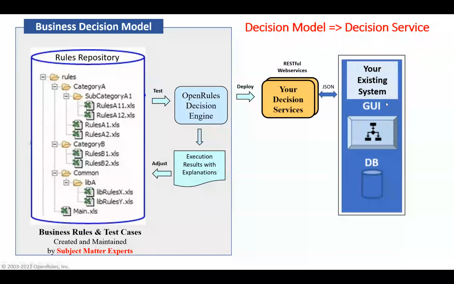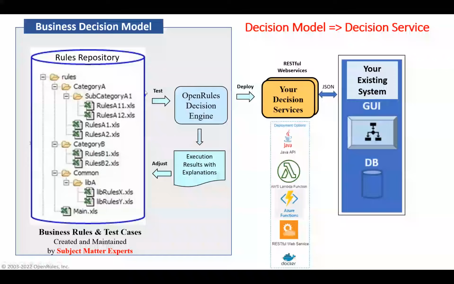And your application will continue to work with this new version of the service based on the CI/CD technology supported on your application side. What is one important thing to remember? Every time you want to make changes in your decision service, you never go directly to the service. You go to the business rules repository, you make the change there, you test all these changes, and then you can redeploy your decision model.